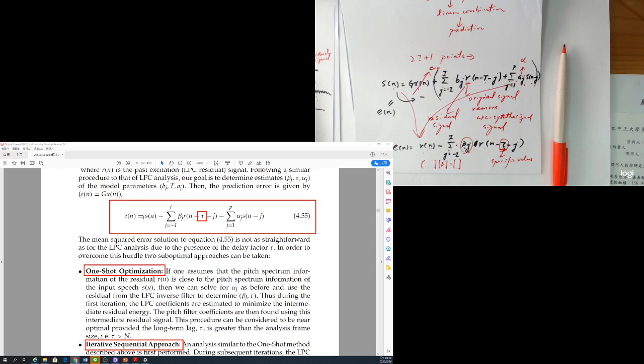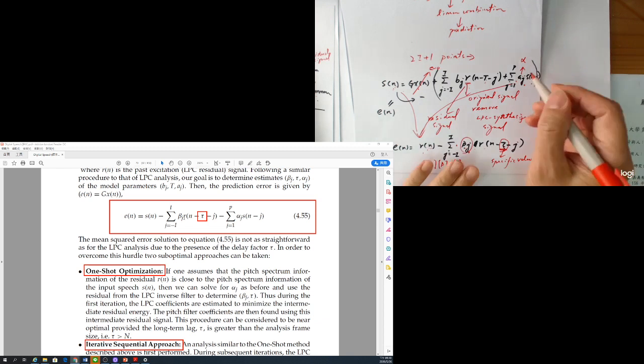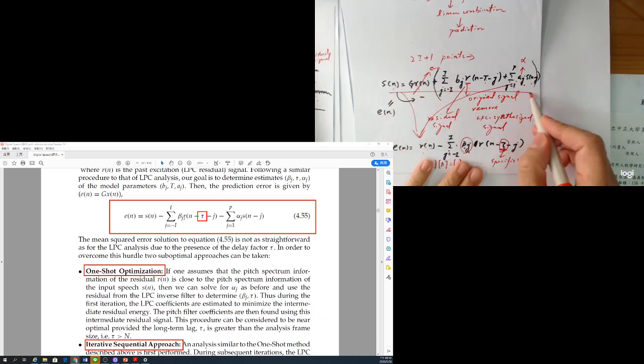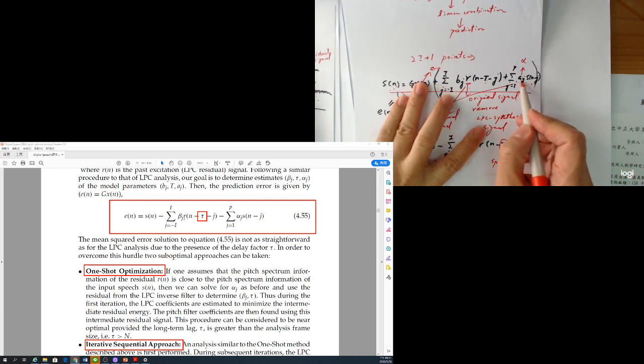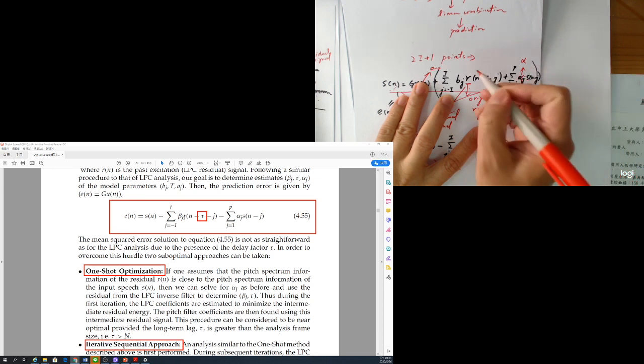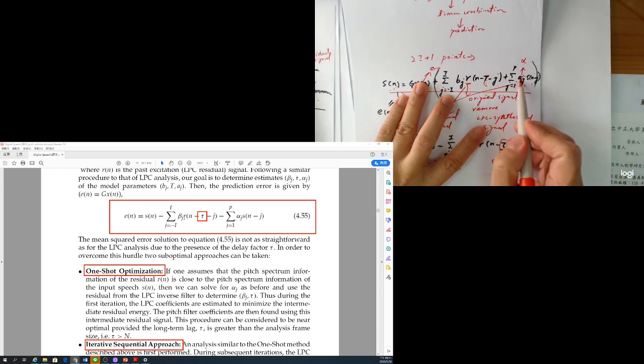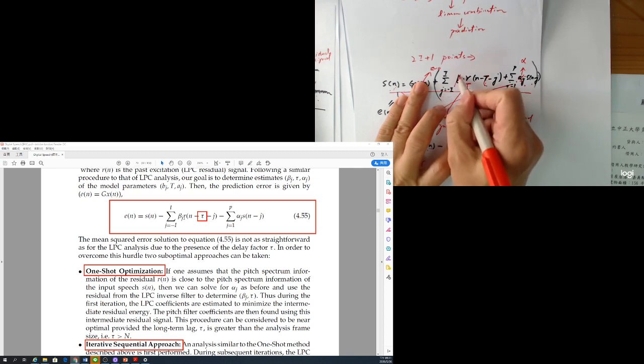Because it's not easy to do optimization over alpha j, tau, and beta j at the same time. If we consider this equation, which we assume is close to 0, you can see you have unknown alpha, unknown tau, and unknown beta parameters.